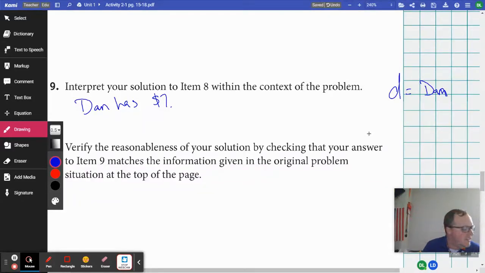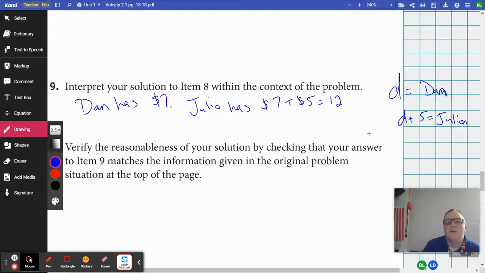And we said that D plus 5 stood for Julio. And so Julio has $7 plus $5, which is $12.